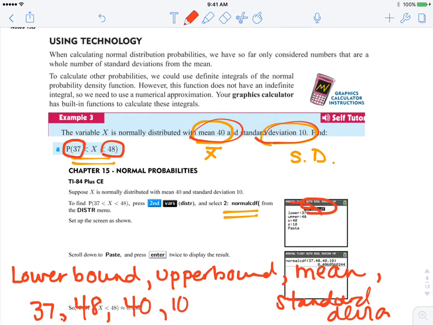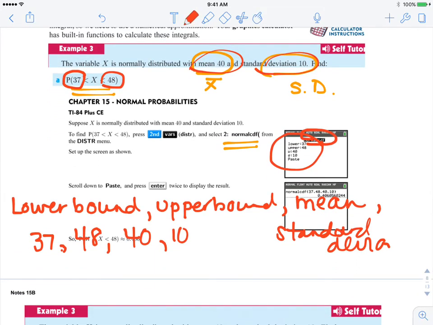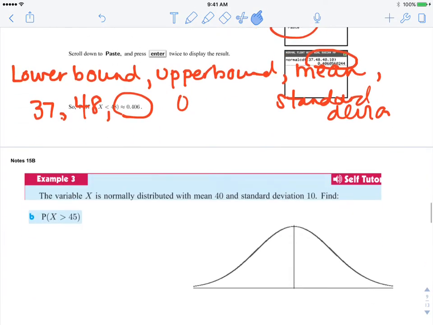You would enter those 4 things into your calculator. What you're going to get is a decimal value right here, which is about 0.406. So about 40% of the values will fall between 37 and 48.